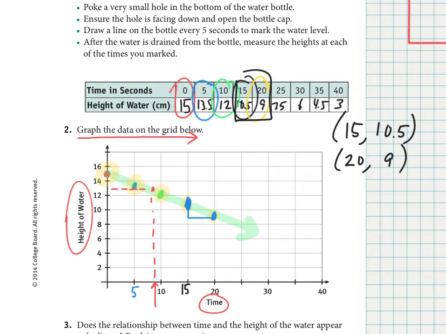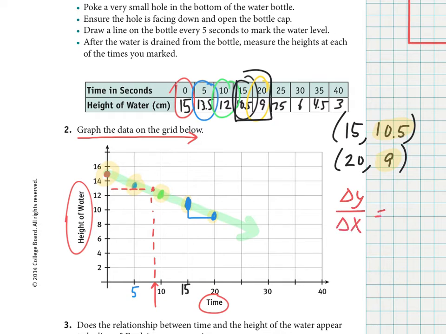So the slope here, the rate of change, if we take a look at the change in the y values to get from 10.5 to 9, the change in y values was down. Let me get a marker here. Change in y over change in x.